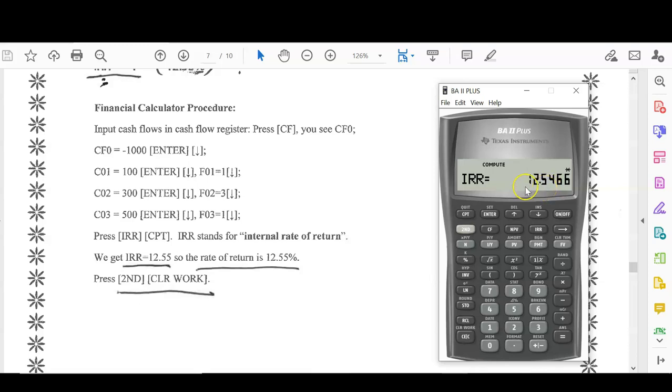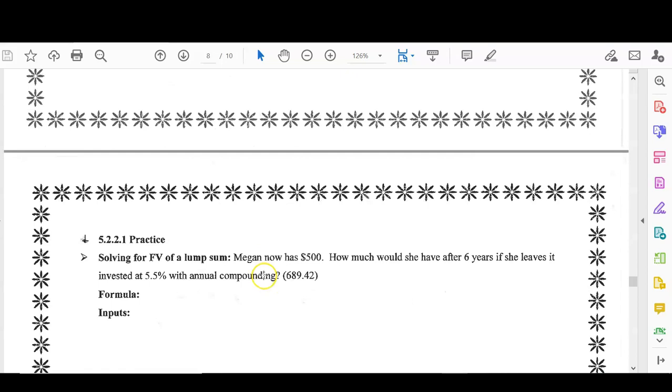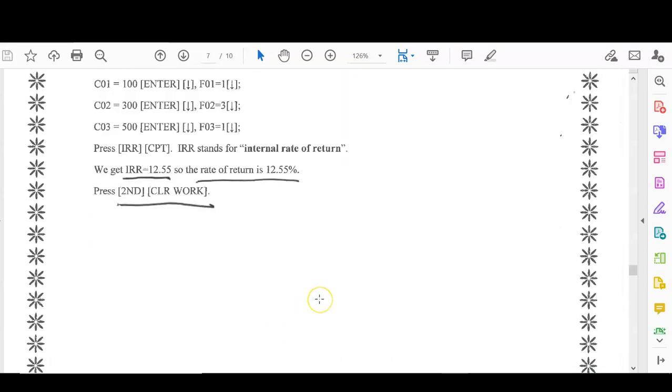Okay, so that's how we can calculate the present value of uneven cash flow by using NPV, how we can calculate its future value by compounding this NPV as PV and computing for its FV, and how we calculate its rate of return if we know cash flow 0. Okay, so that's all for our class 1 and class 2.